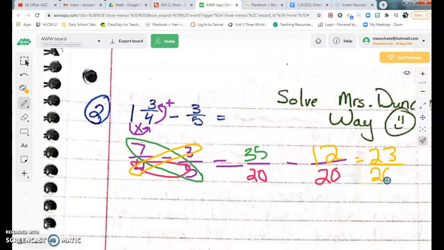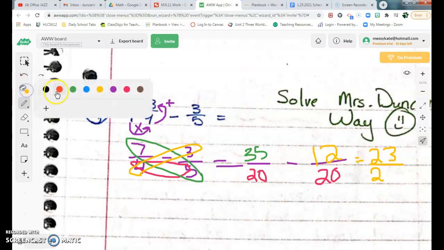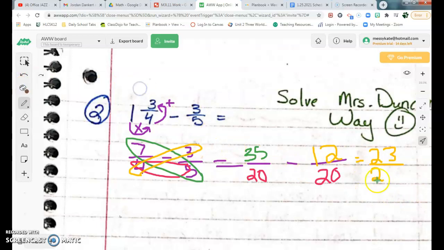Now this is an improper fraction because my numerator is larger than my denominator. So to convert that, forgot my 0 for my 20. So to convert this into a mixed number, I need to ask myself, how many times can 20 go into 23? Well, I know 20 can go into 23 one whole time.